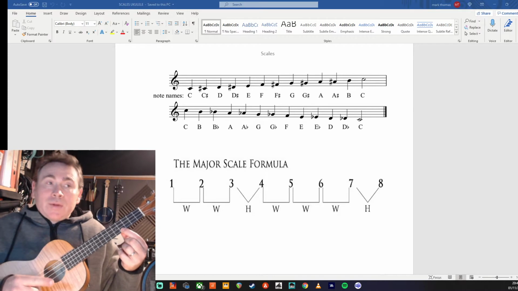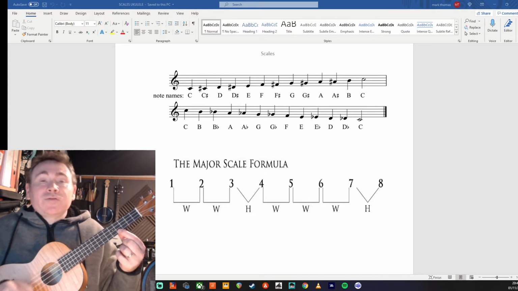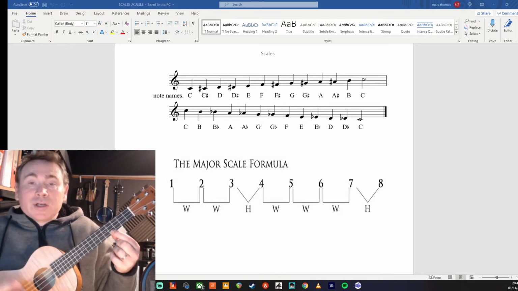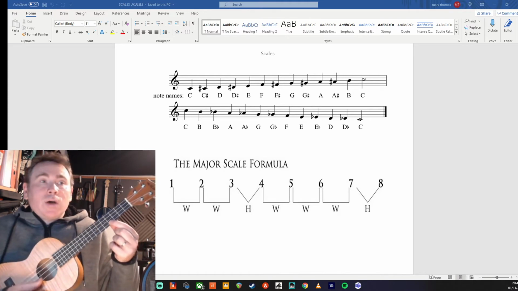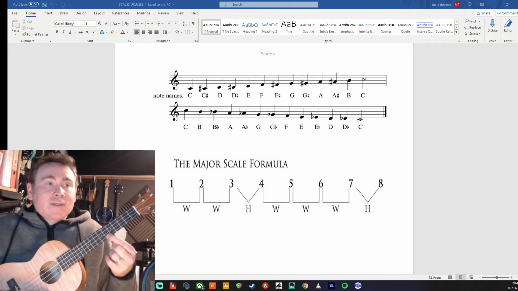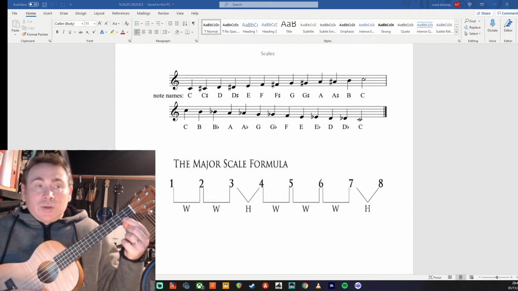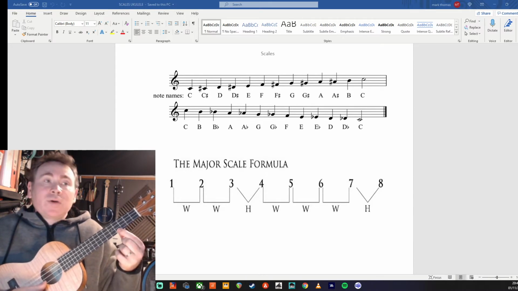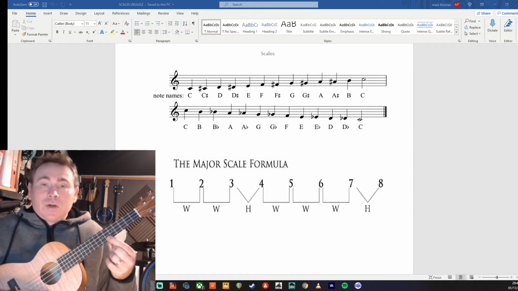Now we've got a W joining the 2 to the 3, so for my 3rd note I'm going to go up another whole step, to the 6th fret. So my first note started on 2, then I went a whole step to find my 2nd note, and then for my 3rd note I'm going up a whole step to 6.